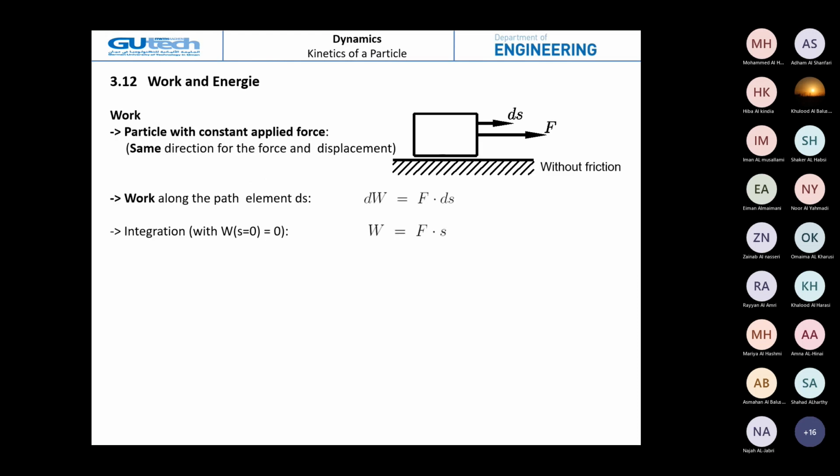Now coming to what we call the work and energy. Then it means the work of a particle with constant applied force. Then we have this particle. We apply a constant force, same direction for the force and the displacement.